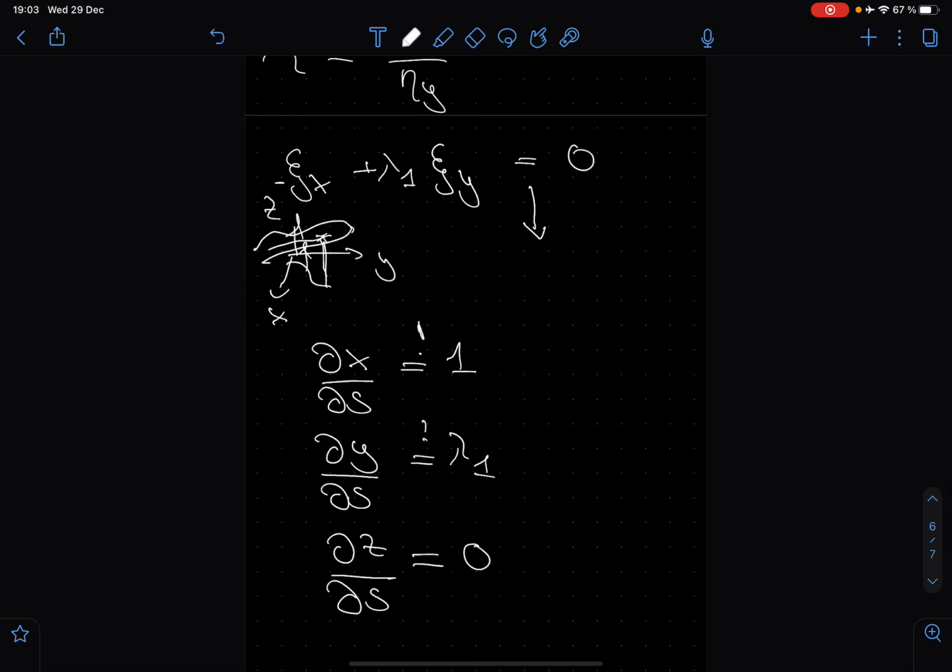If you look at everything in one dimension, that would be the multi-dimensional chain rule. Let me rewrite that.